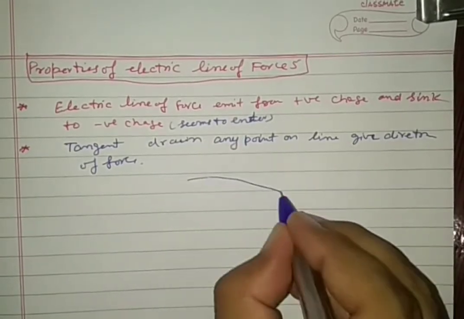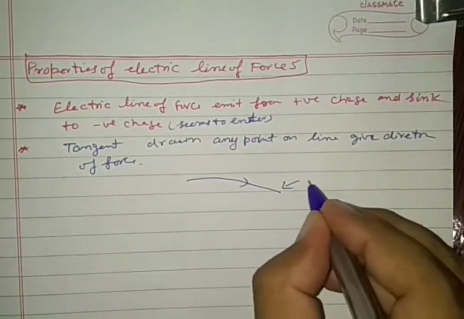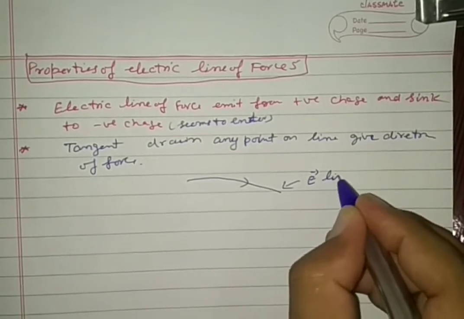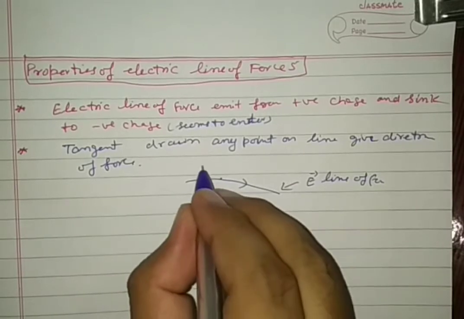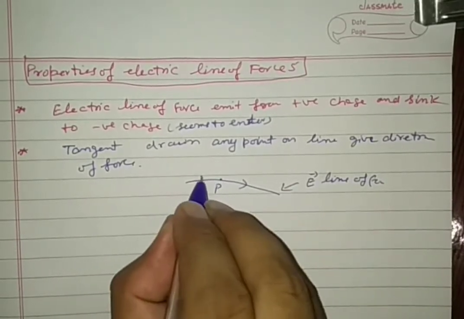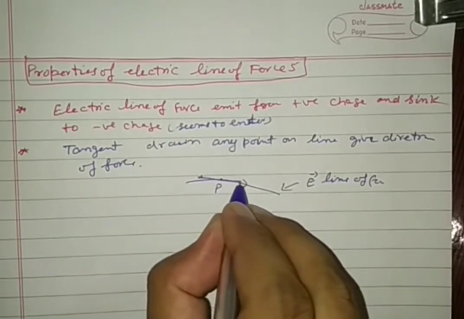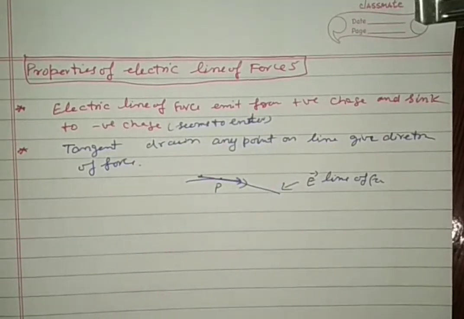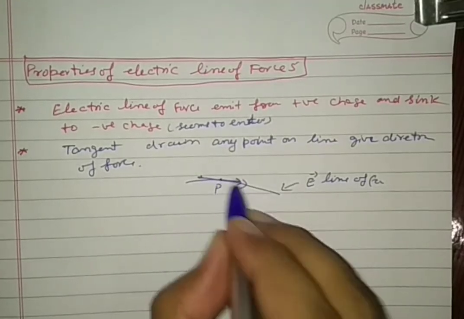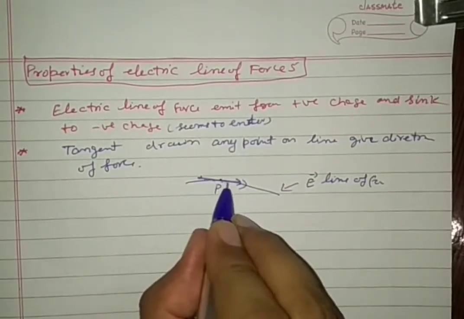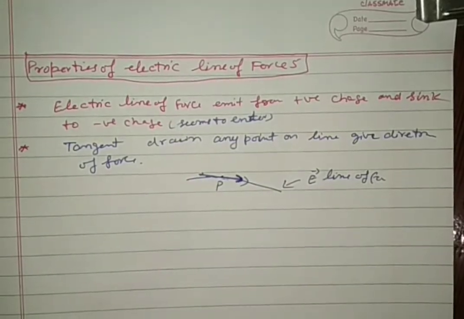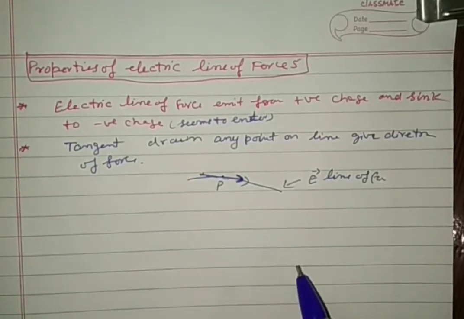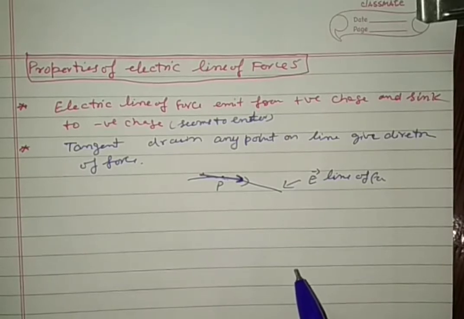Suppose this is a line of force, this is an electric line of force. If at any point here P we draw a tangent, you know the meaning of tangent, tangent passes through only one line. So at this point, the electrostatic force direction is given by it. Clear?